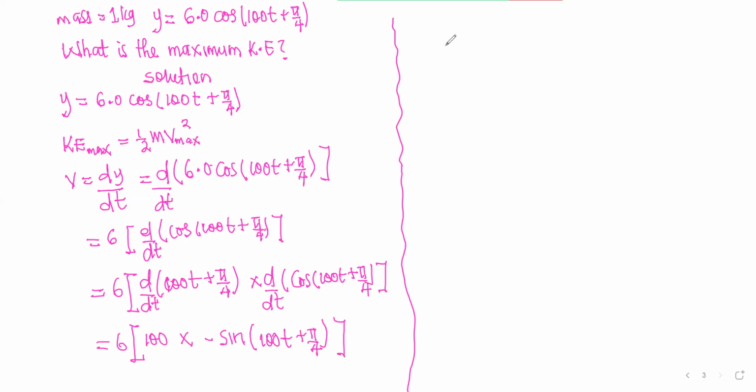So it means that the velocity function is equal to minus 600 sine of 100t plus power on 4. And this becomes the maximum velocity. V max is equal to minus 600.